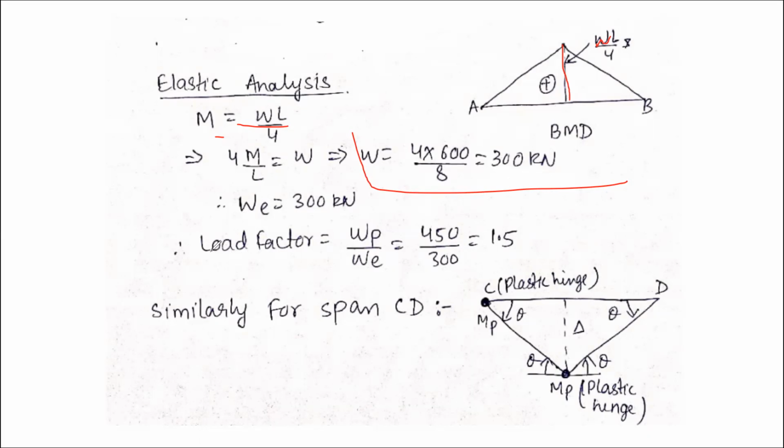Next, load factor is equal to WP over WE. Sinakuha natin W. Ito. So, WP is yung another load ulit natin na 450 over 300 is equal to 1.5. Then, similarly for span CD. So, balikan muna natin yung sa span CD.